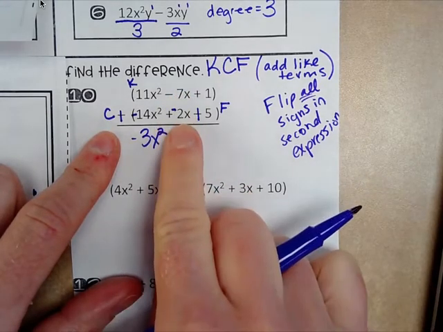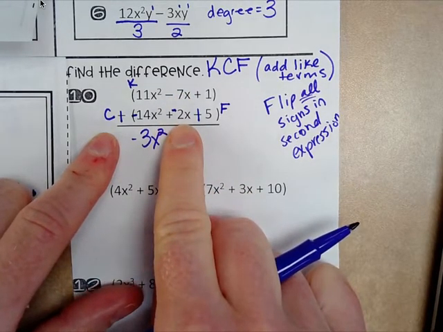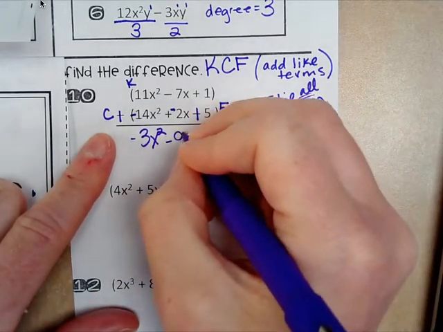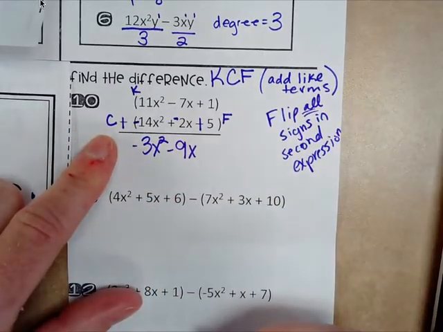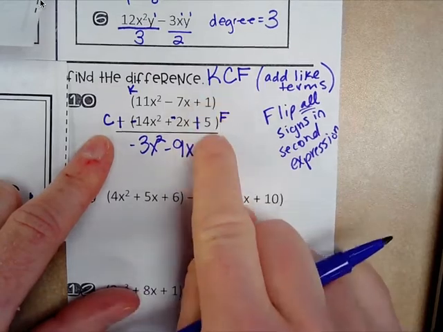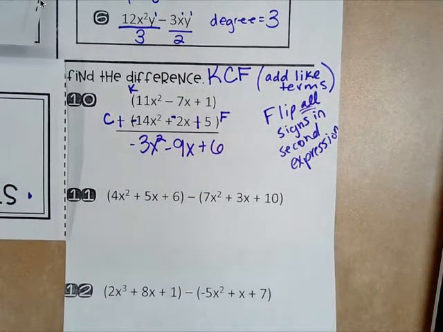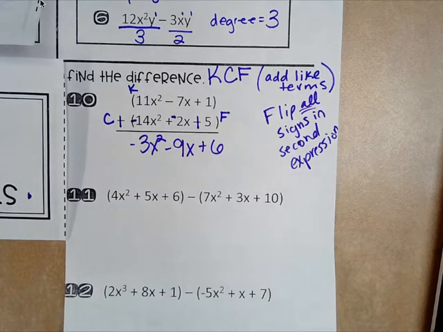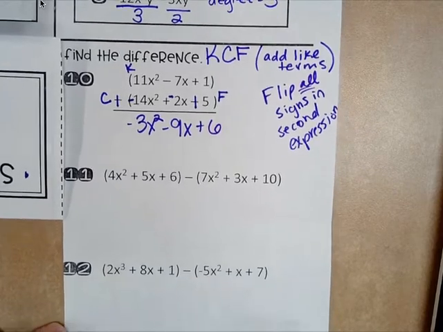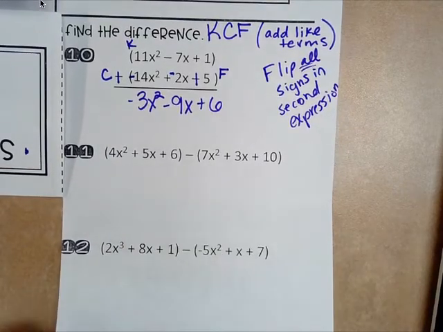Negative 7x minus 2x. Negative 9x. 1 plus 5. 6. All right, do the next one.